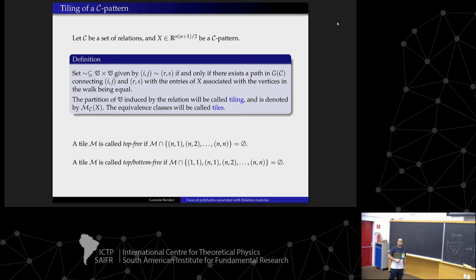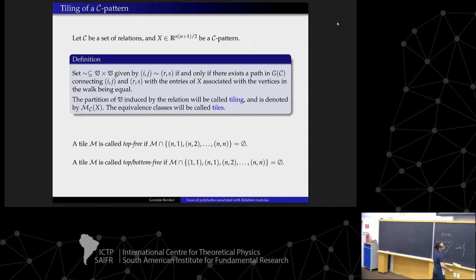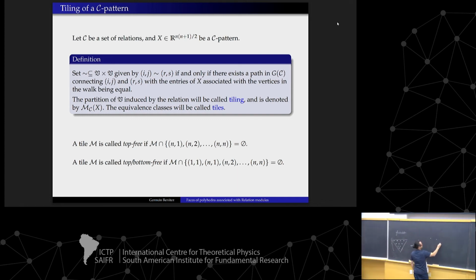To compute this dimension, we need to define a partition of the set of vertices. We say that two vertices are in the same equivalence class if and only if there exists a walk. It is not necessarily oriented.